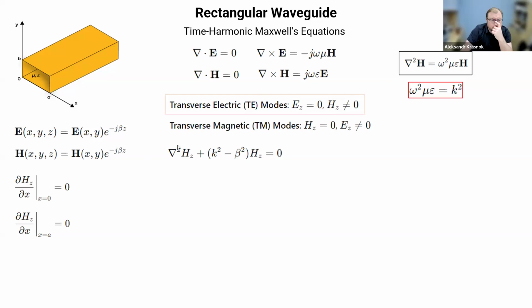Taking into account that the Z component of magnetic field depends on the Z coordinate only through this harmonic function, we can immediately take this Nabla operator, or the partial derivative by Z, which gives us this beta squared.